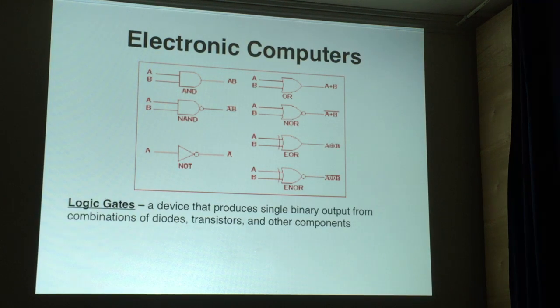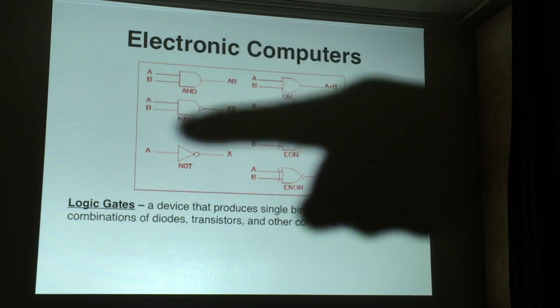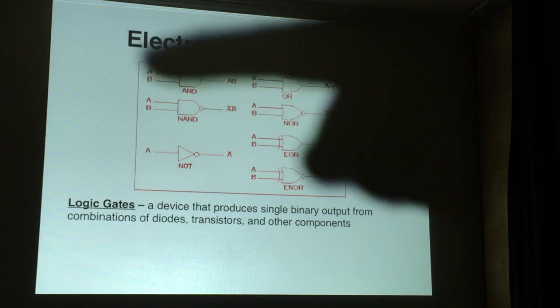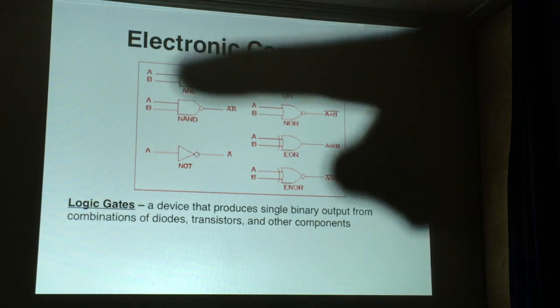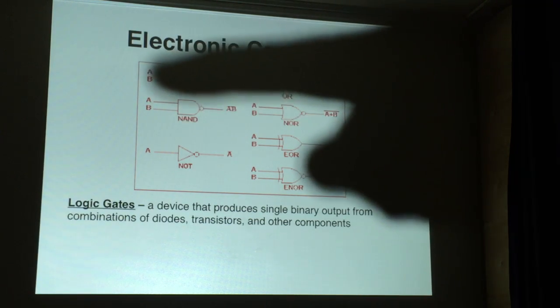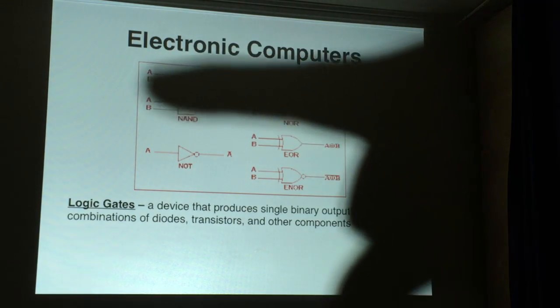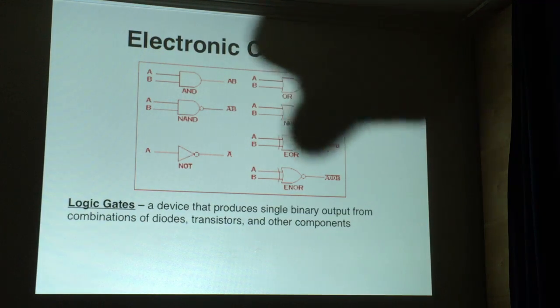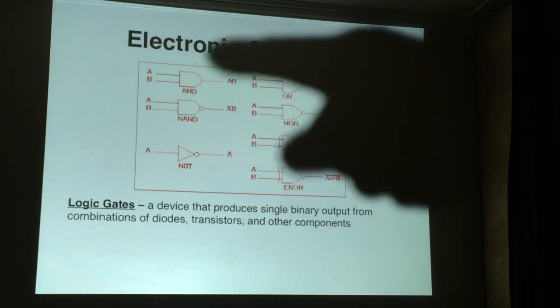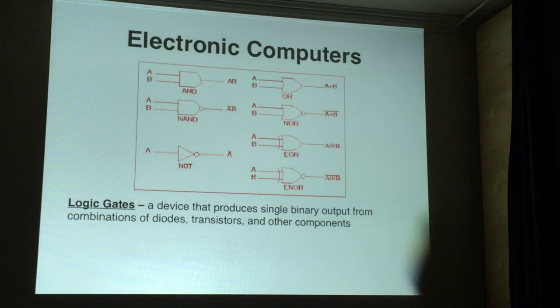So, for example, let's take the one in the top left corner here, and you see the word AND there. So you might have on one transistor or diode the letter A, the other one's the letter B. If A is 1 and B is 1, both of those are positive, with the symbol AND, then AB is positive, and it will be a 1.